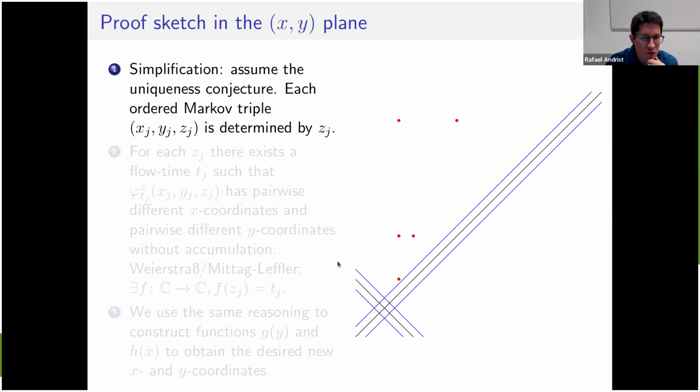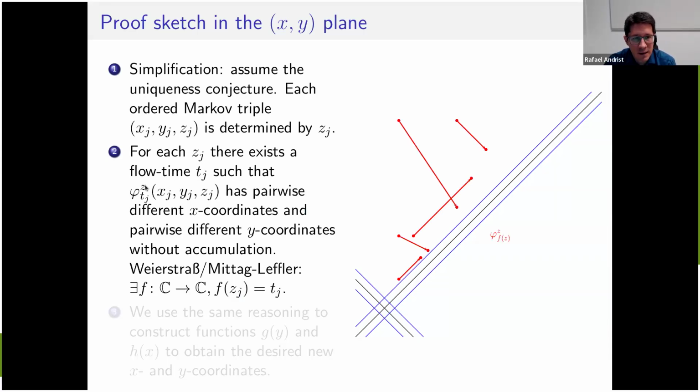So now I'm going to choose for each point zj a flow time tj such that phi z tj has the property that, comparing the results, all the x coordinates are pairwise different, all the y coordinates are pairwise different, and that no accumulation happens.